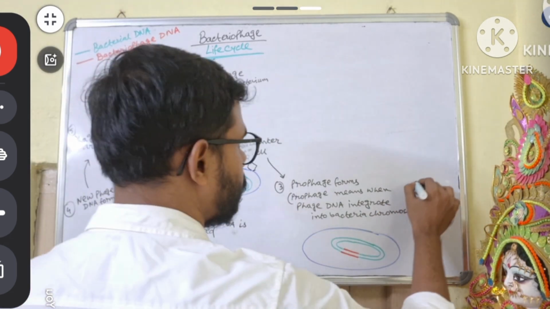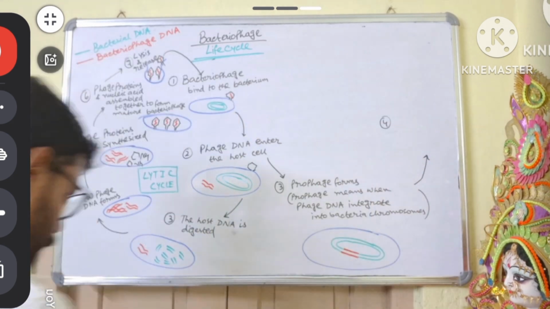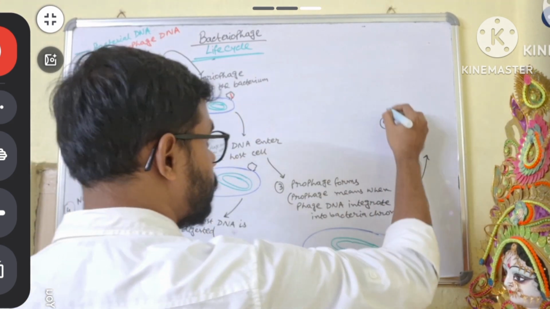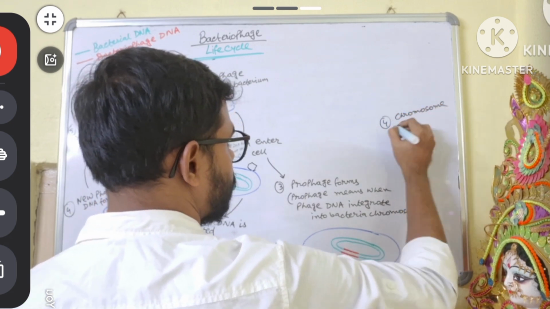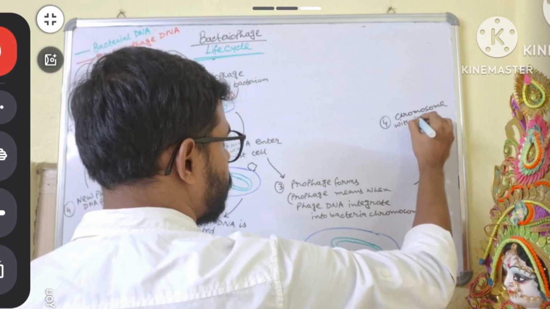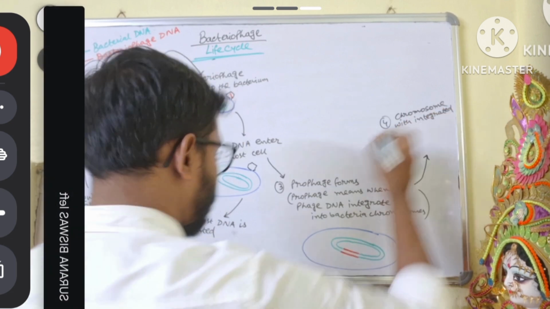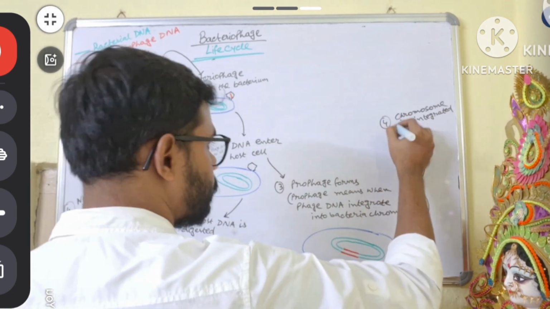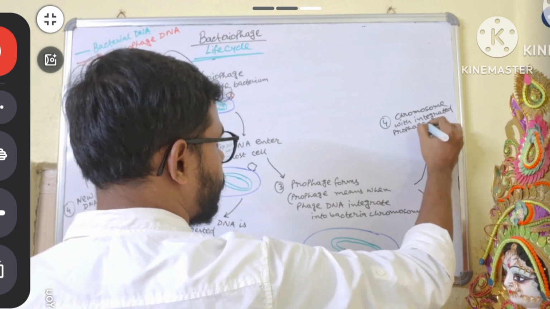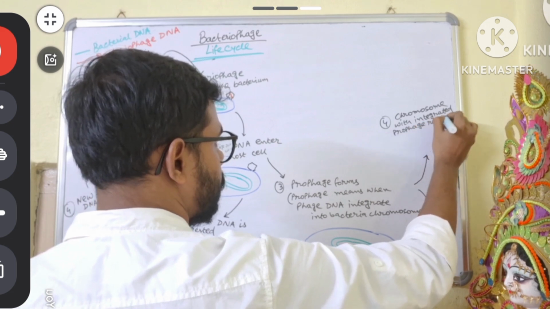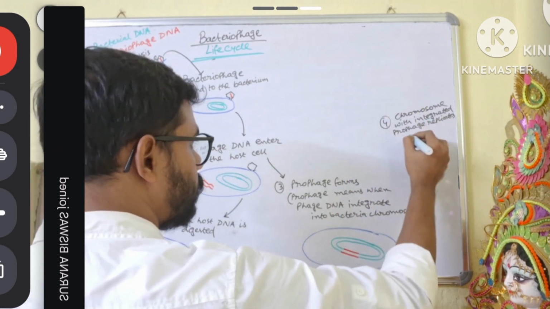Next point. In lysogeny, point 3, point 4. Chromosome with integrated prophage replicates through cell division.